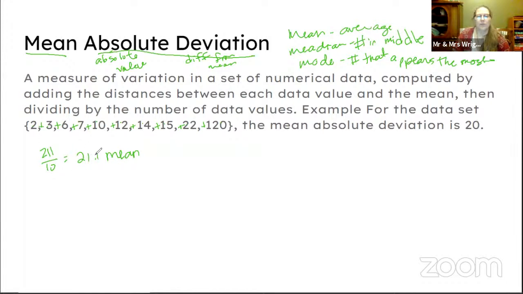So I'm going to do 21.1 and subtract 2. Let me change my color for this. 21.1 subtract 2, and I get 19.1. Subtract 3, I'm going to get 18.1.